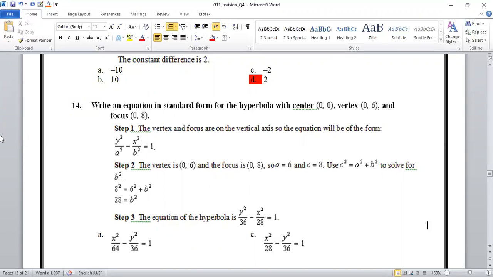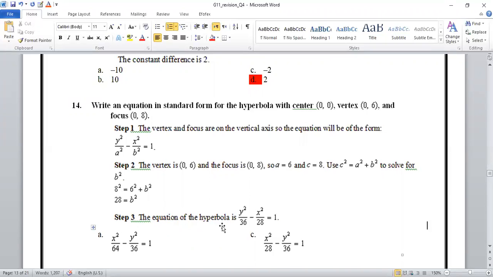Step number 2: the vertex is (0, 6) and the focus is (0, 8), so a equals 6 and c equals 8. From this relation, we can get the value of b: b squared equals 28. Step number 3: substitute a and b.